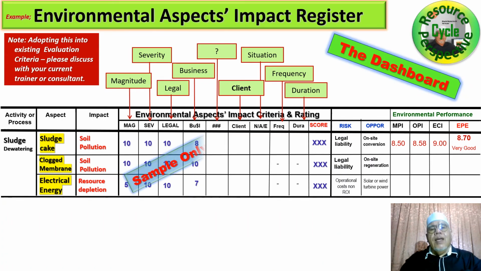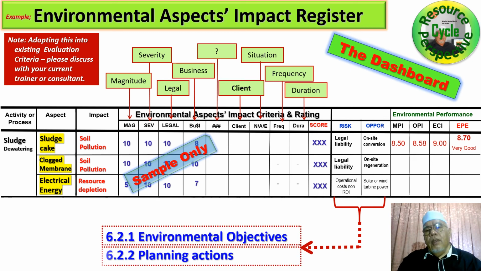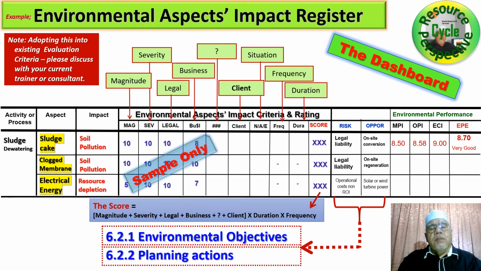Got it? So let's take a look at our dashboard. This is my dashboard. Now, it is very important for us to be able to see our environmental aspects from their respective activities and processes. In this case, it's this one. And this is our environmental aspect.